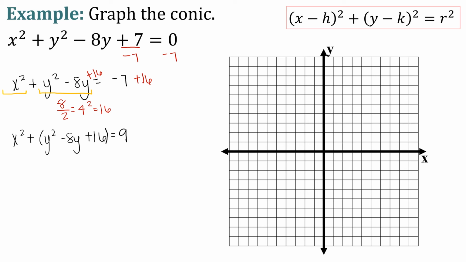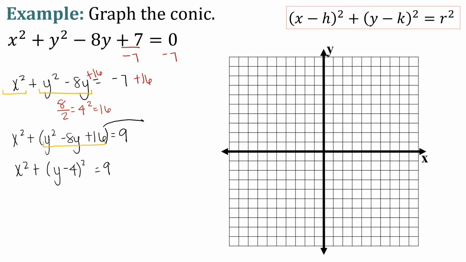Now our goal here is that we have a perfect square where we can factor y squared minus 8y plus 16. Remember, I'm looking for two numbers that multiply to give me 16, but add to give me a negative 8. And those two numbers are negative 4 and negative 4. So now I have x squared plus y minus 4 squared equals 9.